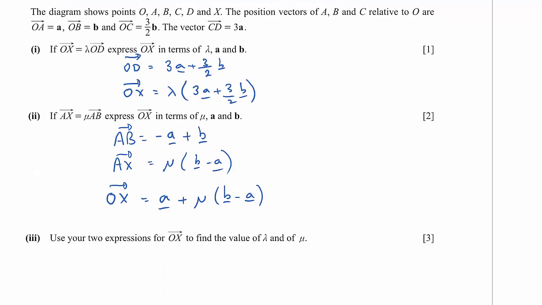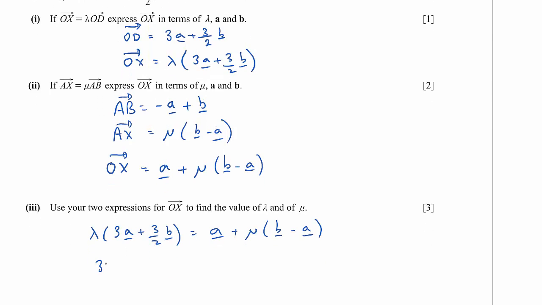So we're asked to use our two expressions for OX to find the value of lambda and mu. So they're both OX and they must be equal to each other. So we've got lambda (3a plus 3 over 2b) would be equal to a plus mu (b minus a).